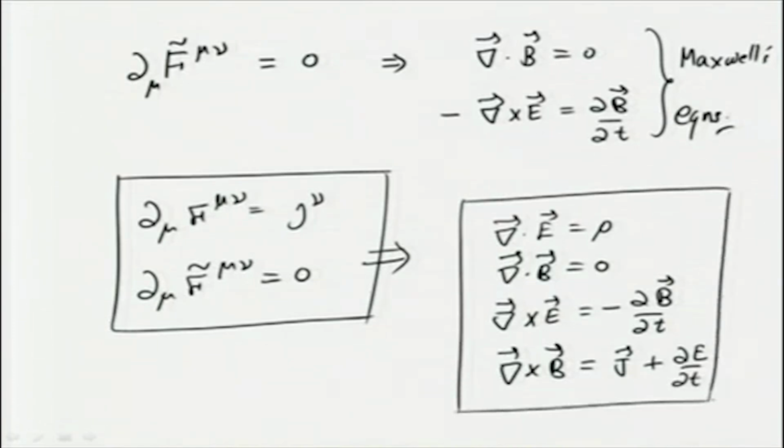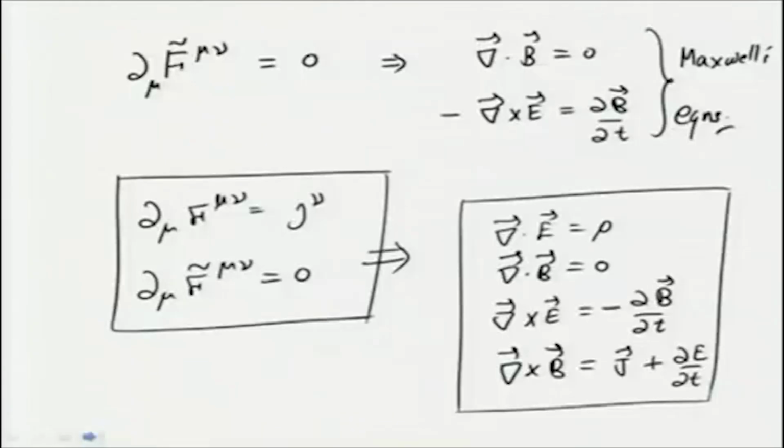This is a compact way of writing the 4 Maxwell's equations in an explicitly covariant fashion, or Lorentz invariant fashion, I mean Lorentz covariant fashion.